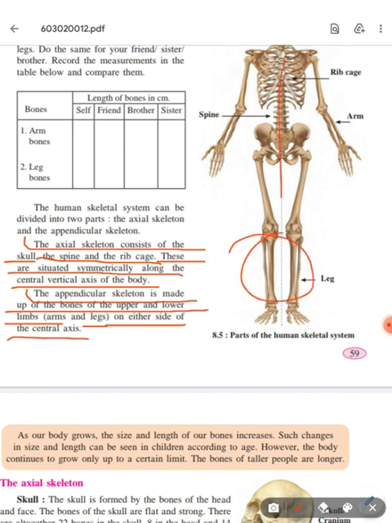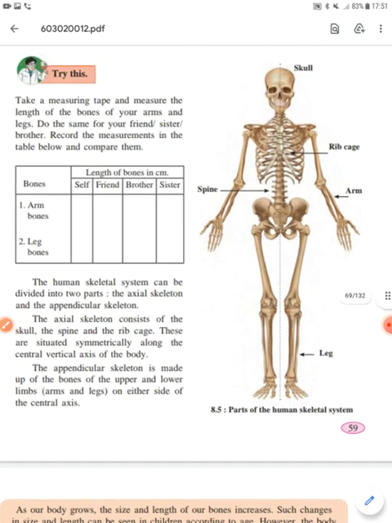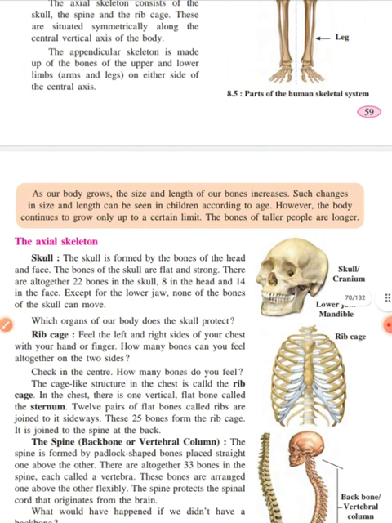Arms and legs are the appendicular skeleton. Rib cage and spine are the axial skeleton. Got it? You have to find which are axial and appendicular.